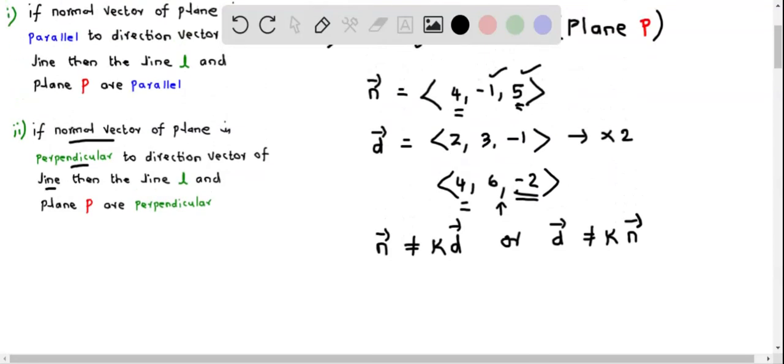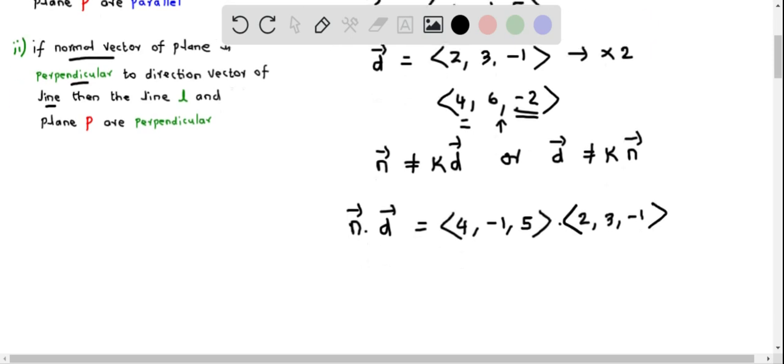To check if these two are perpendicular, we have to utilize the dot product. So I do the dot product of the n vector with the direction vector d vector. Let me substitute the normal vector, that is 4 comma negative 1 comma 5, dotted with the d vector, which is 2 comma 3 comma negative 1.